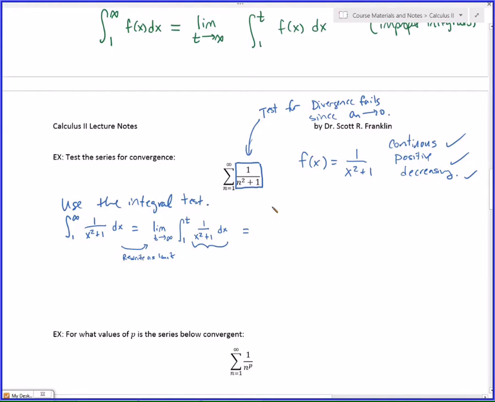I look it up, pull it out, whatever, of my derivative tables, my integral tables. This becomes the limit as t goes to infinity of, now the integral of this is inverse tangent of x from 1 up to t.